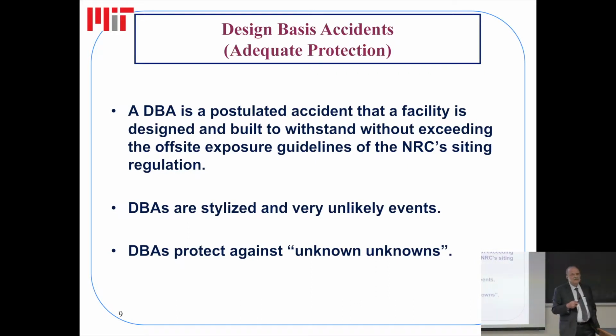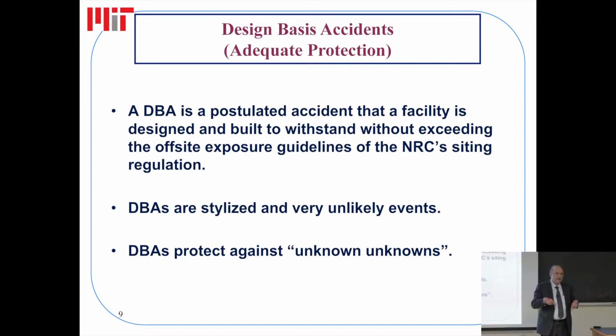The most severe DBA is the large loss of coolant accident, where you take the largest pipe in the plant through which coolant circulates, and you assume it breaks in a guillotine manner, and you lose coolant from both sides.